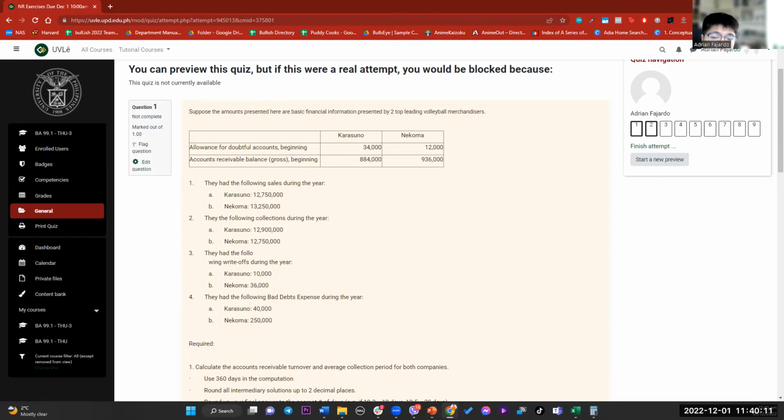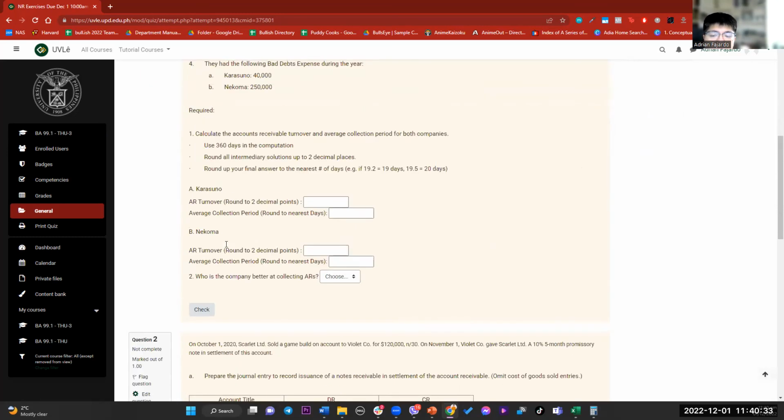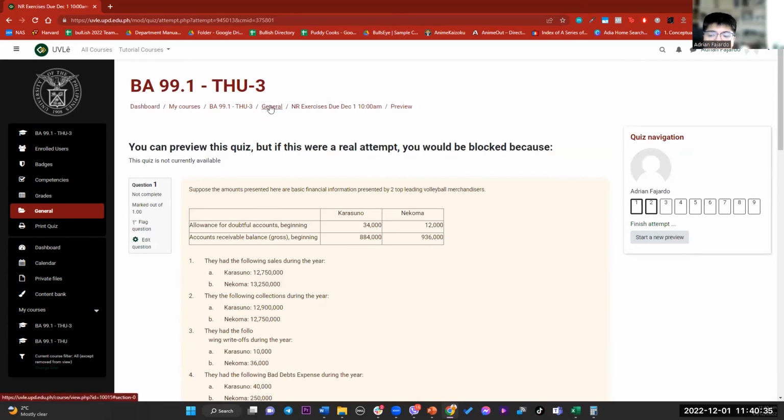The rest, for example notes receivable, it's different. So please don't rely on this. For those na want a lot of exercises, for me, it's not the number, pero please make sure you know how to solve the 4 exercises na we discussed alongside the lecture discussion. And then everything naman, you'll be able to get from the discussion.